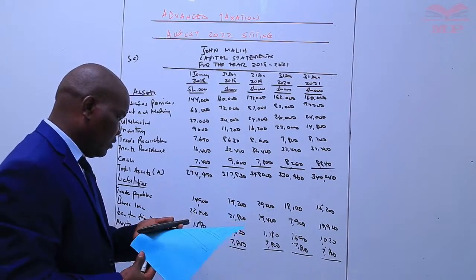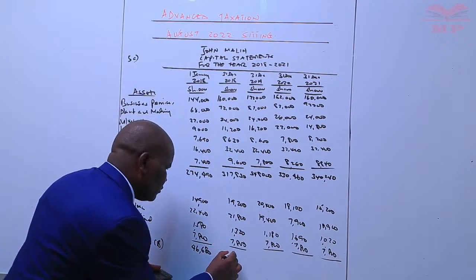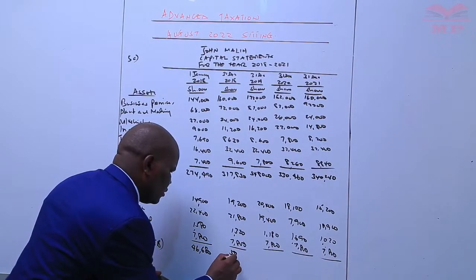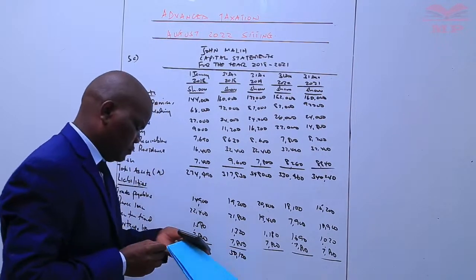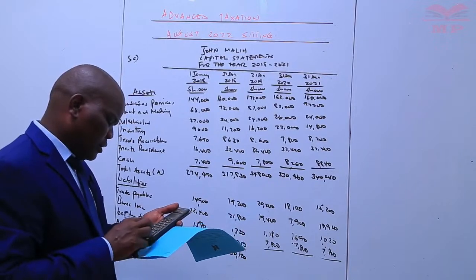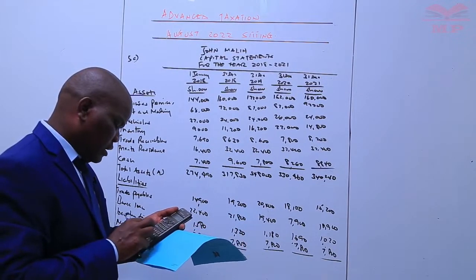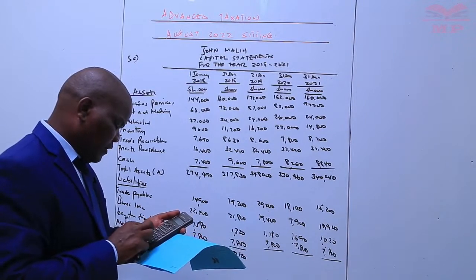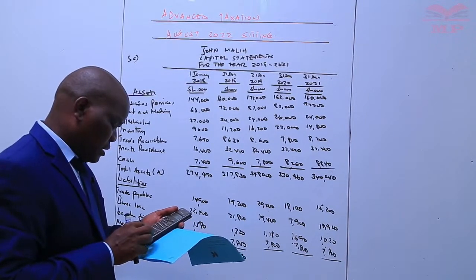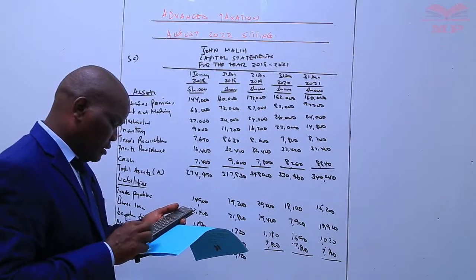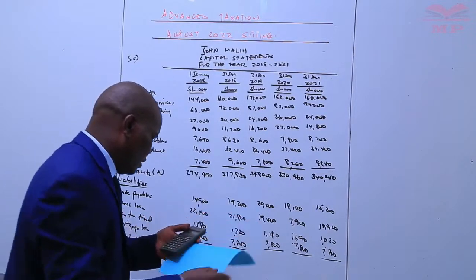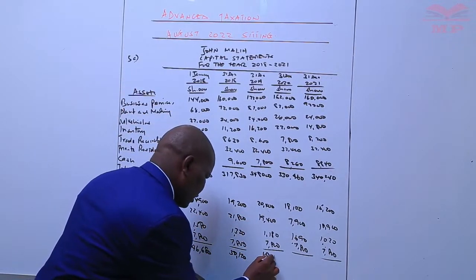I get 50,120. Next, 20,400, 19,400, 1180, and 7,800. I get 48,780.